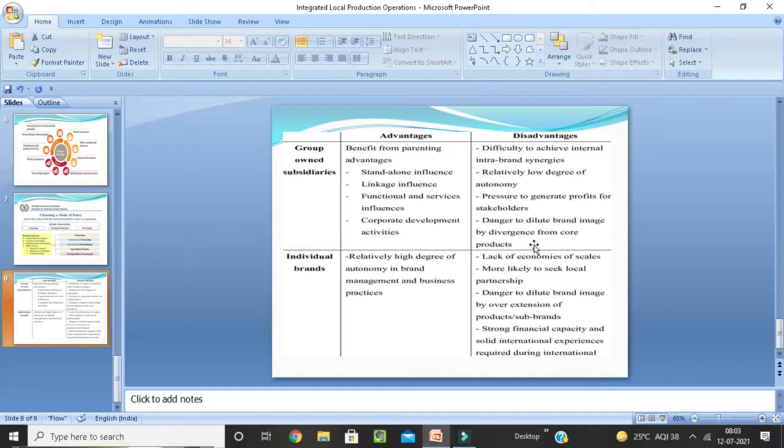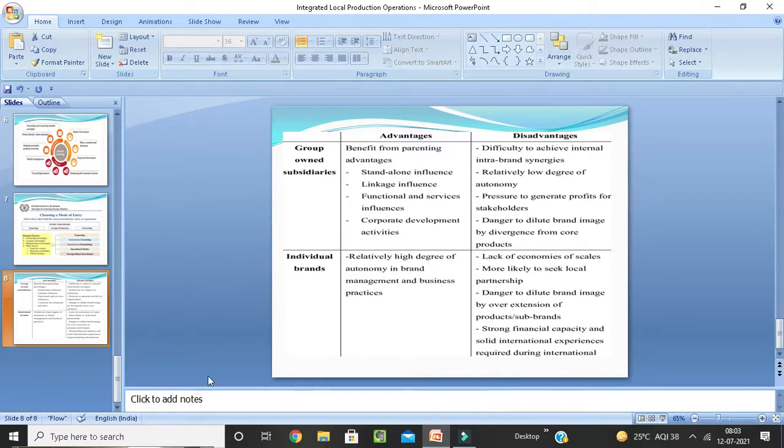They can get only local partnership, but they won't easily get international permission. Then danger of diluting brand image through overextension of production. It will be difficult to take proper decisions if you have 4 or 5 partners, who can suggest that we keep the review in front of us. And strong financial capacity and solid international experience are required at the international level.